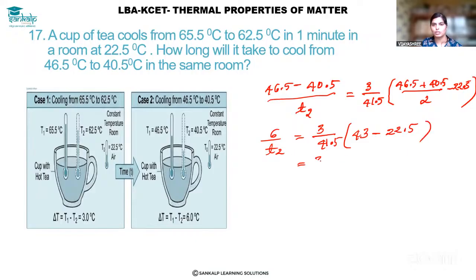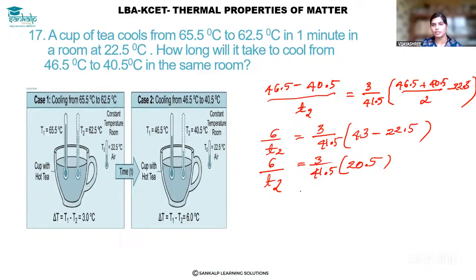That is 3 by 41.5 into 43 minus 22.5, which is 20.5, right? Yes, 20.5, which is equal to 6 by t2. Now simplify this and you will get the answer for t2.